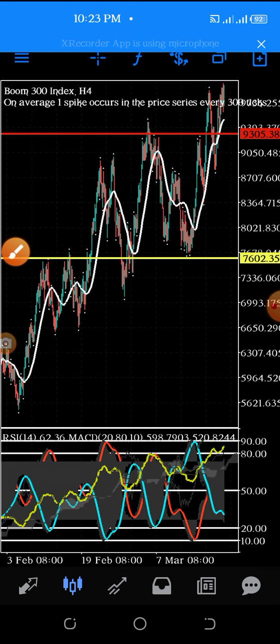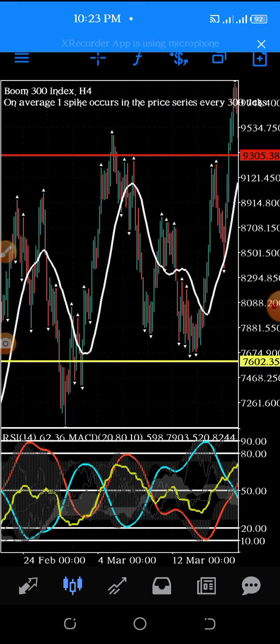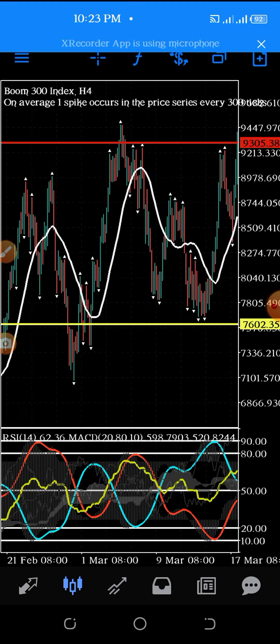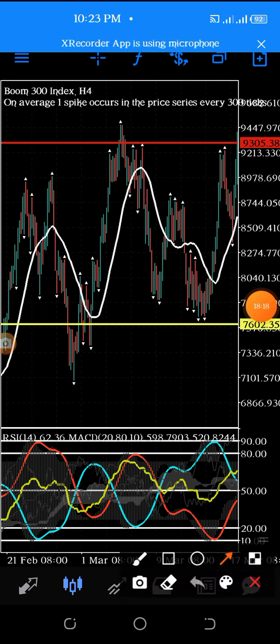And how do you draw your support and resistance? If you zoom this more, second zoom, the third one, fine. Then let me show you something. Watch this arrow I'm pointing, it's more than one spike. The reaction was not only one, not only two, there are more than two here.